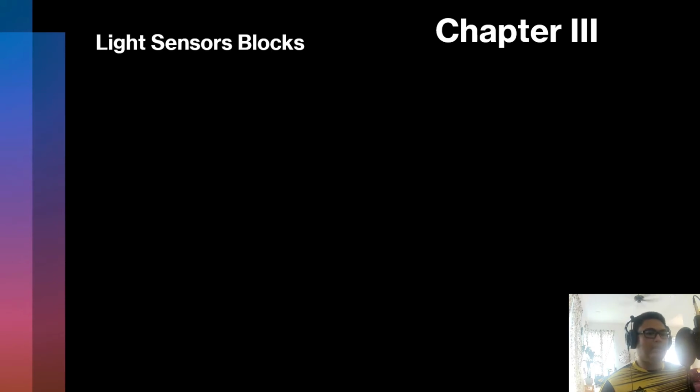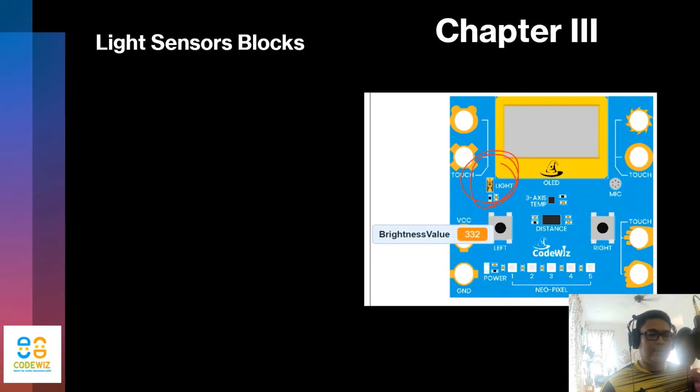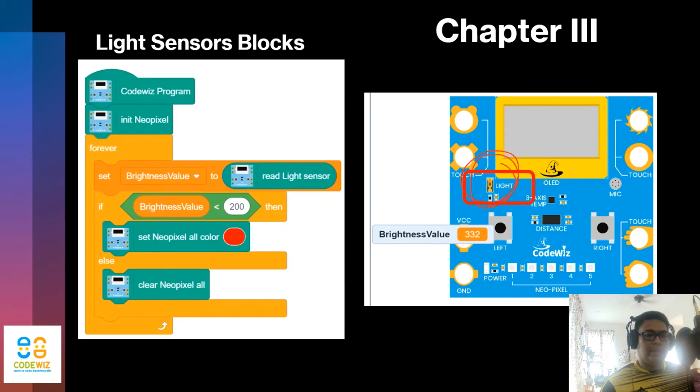Next is the light sensor block. The light sensor block is for calculating the brightness in a place. For example, when you turn on the lamp, the Code Whiz will calculate the brightness.